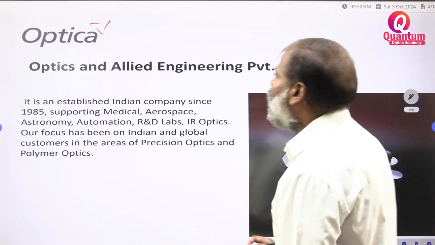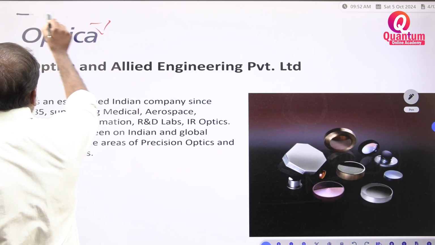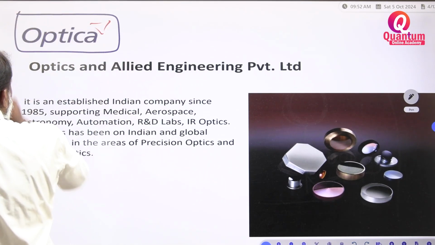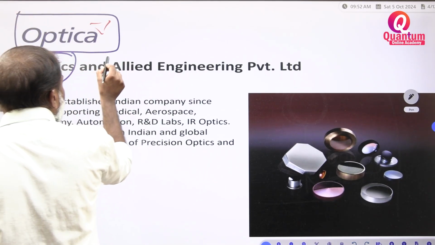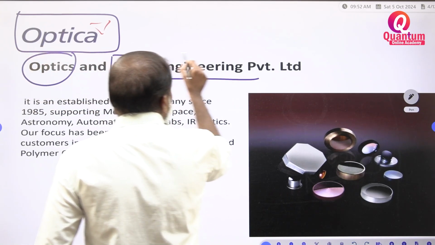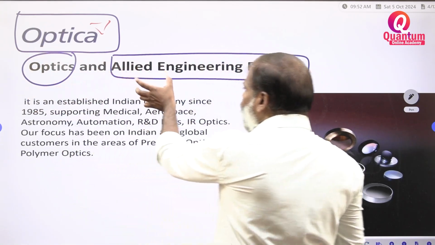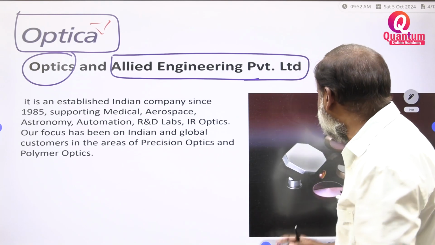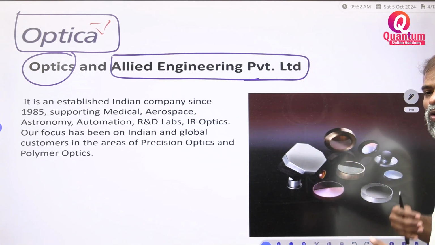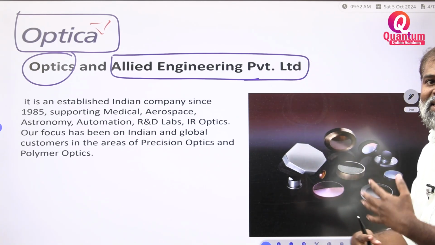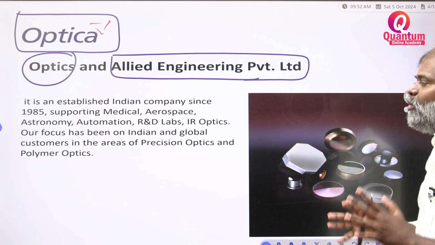The third one is Optica. It is a private research organization, Optics and Allied Engineering Private Limited. This is the laboratory that manufactures lenses and pipes and similar things.